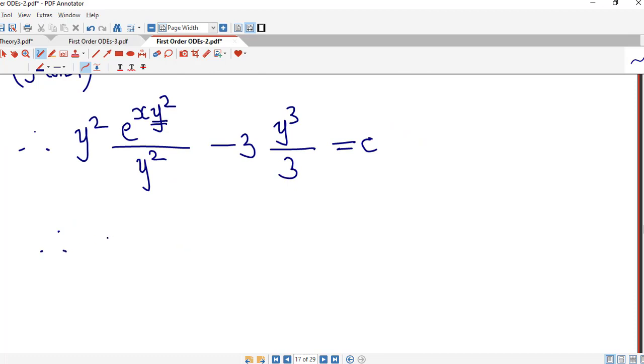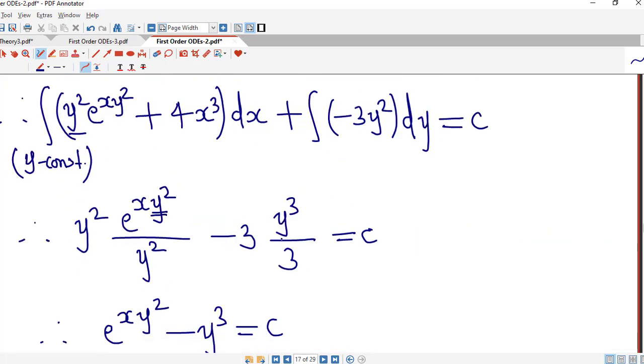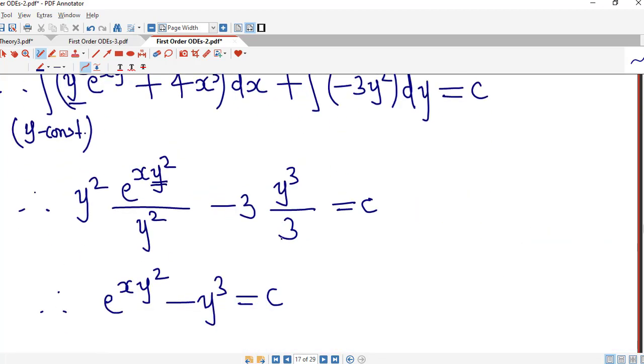So therefore e raised to xy square, this y square will cancel out, here 3 will cancel out, minus y cube equal to c. So this is the general solution of the given differential equation.